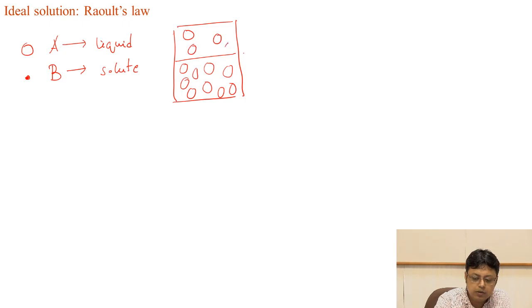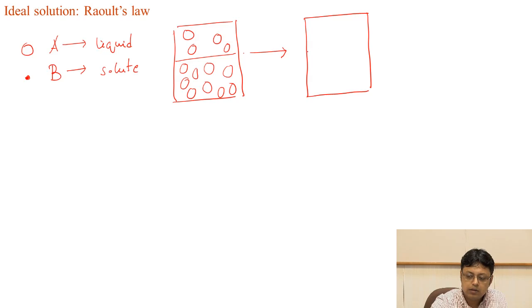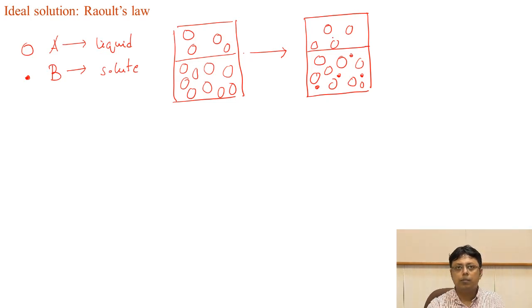There are also a few molecules of A in the vapor phase. So this was the initial condition, and then from pure A we added salt, where the situation is like this. So we also have some salt molecules here, but in the vapor phase we'll still have only molecules of A, because usually the salt is non-volatile.